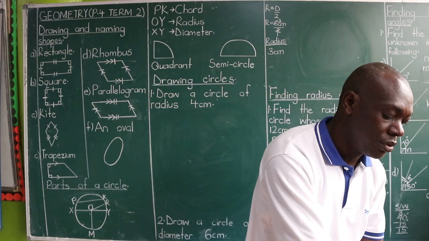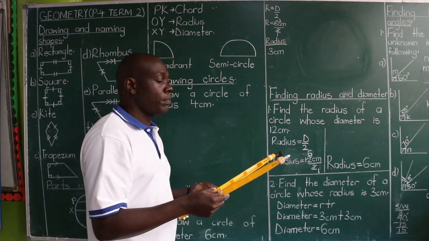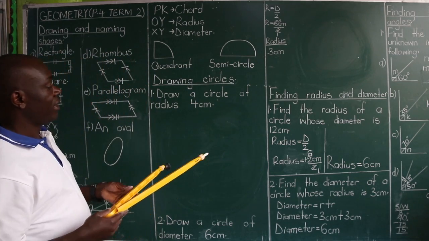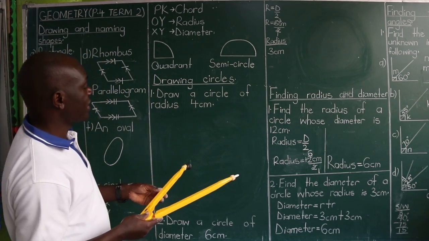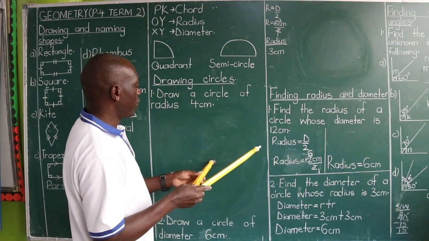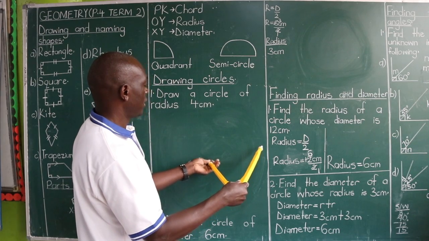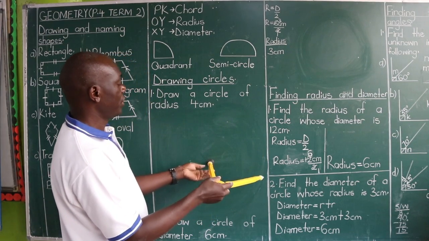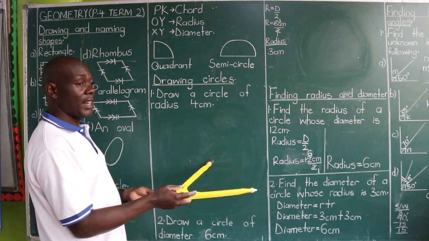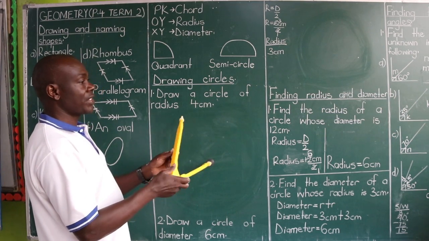Then you will be able to draw that circle. So I've measured my 4 centimeters properly, and then I'm going to draw the required circle. I position my pair of compasses properly on my book. Ensure it is stationary, doesn't move at all, and then freely make a circle.